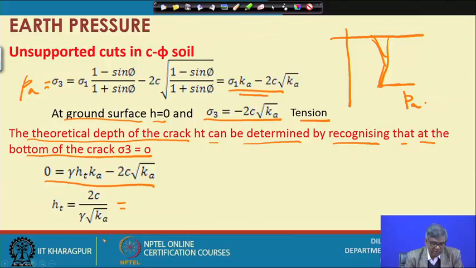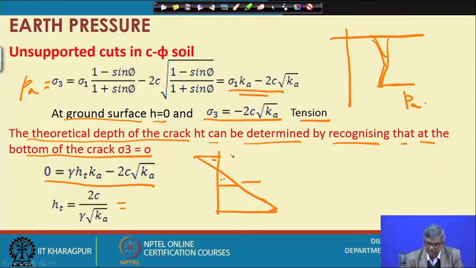But this is not the actual unsupported cut depth. Since your pressure diagram is something like this, as I have already mentioned, this is negative pressure, and that means to balance this negative pressure, another similar depth can actually go.